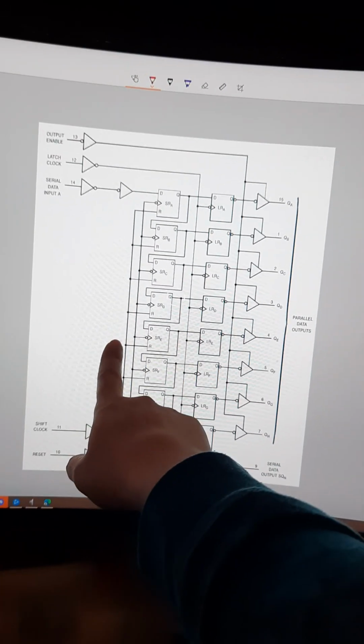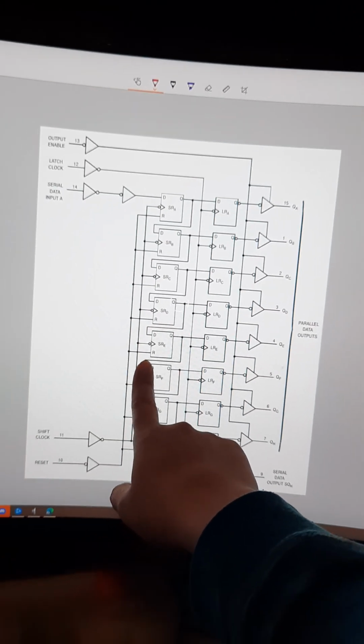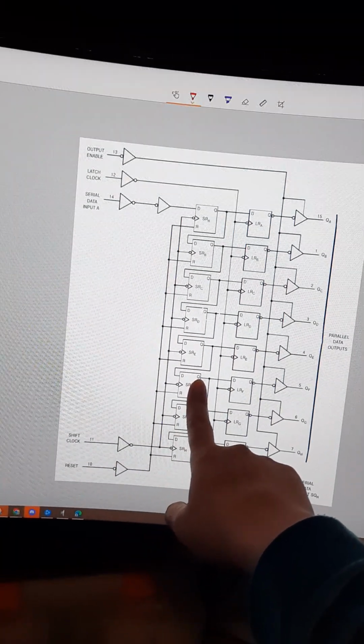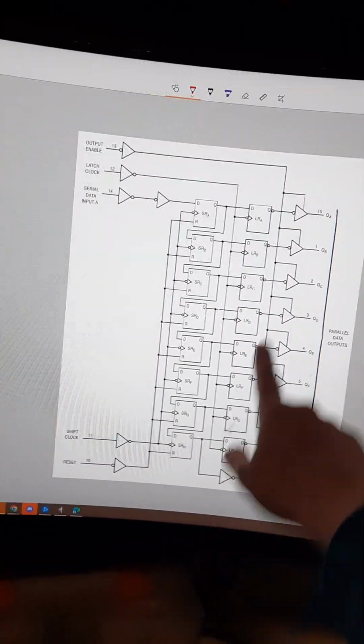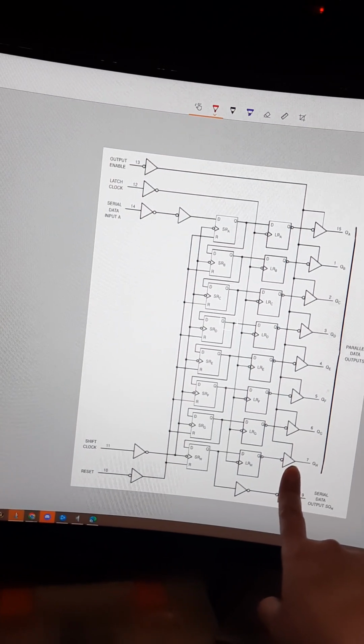As our serial input goes in, the input will shift over for each LED light, for each of the outputs.